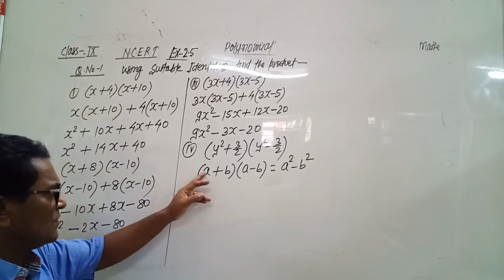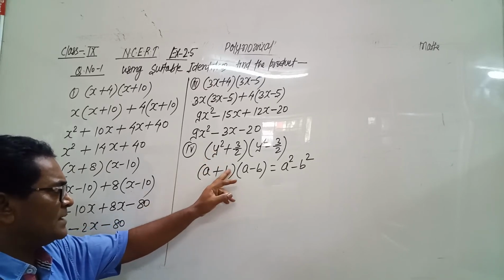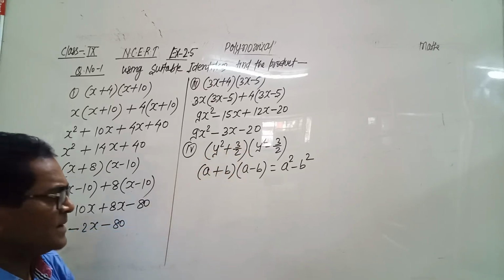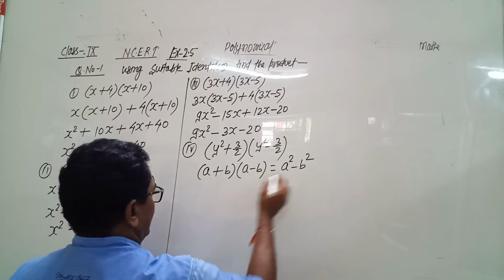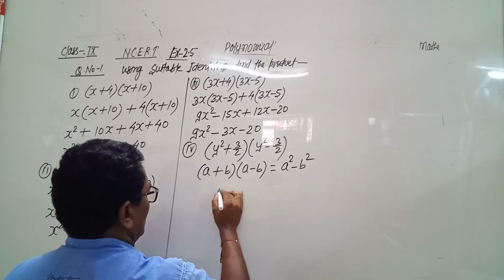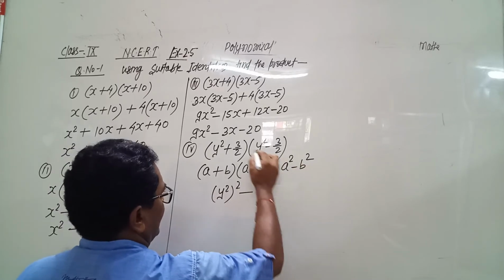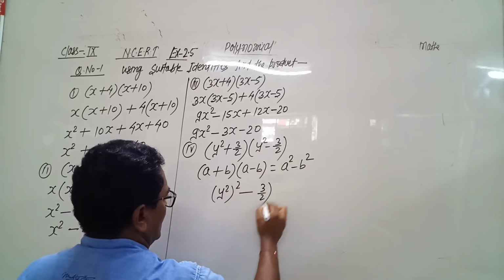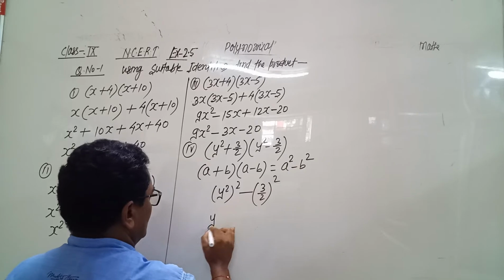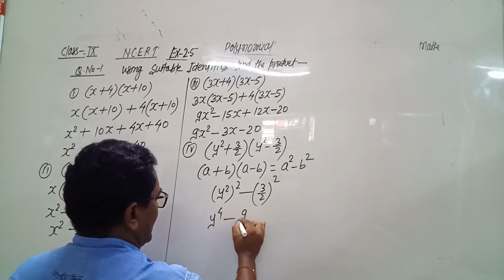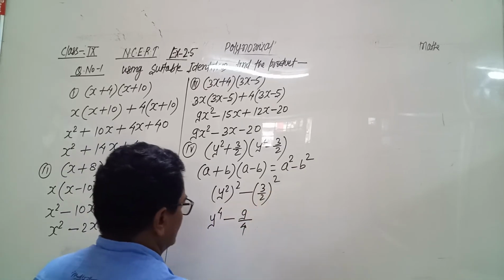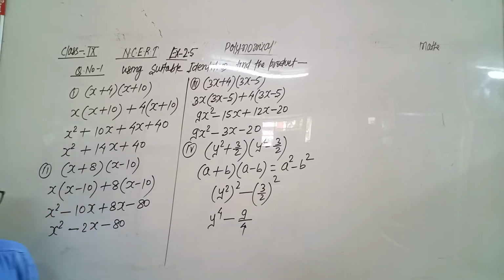At the place of a, there is y square, and at the place of b, there is 3 by 2. So we write a square minus b square: y square, the whole square, minus 3 by 2, the whole square. So it comes y raised to the power 4, minus 9 by 4. So the result is y raised to the power 4 minus 9 by 4.